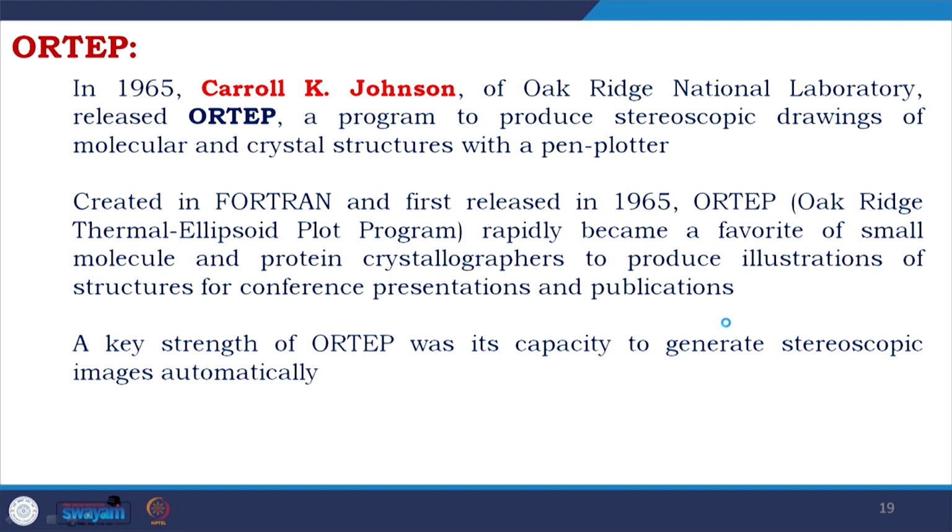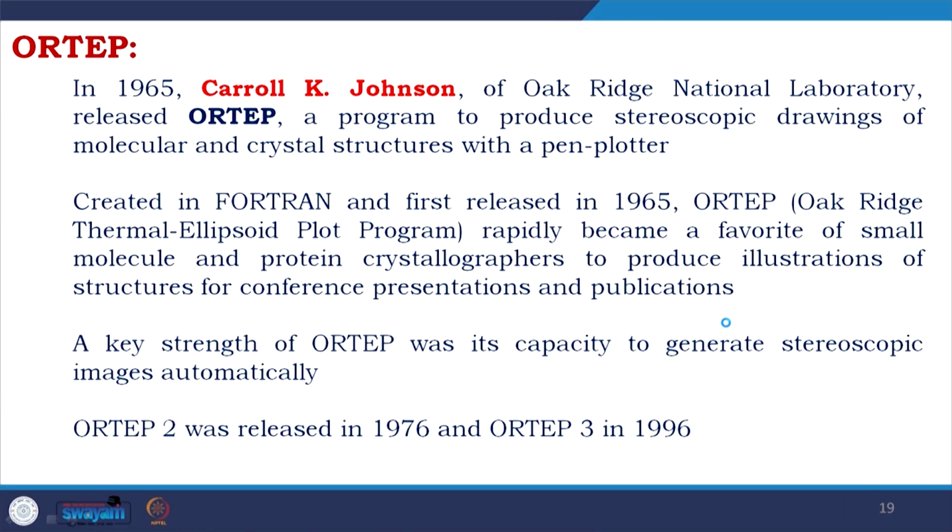As I told, the stereospecificity, the chiral environment, is a really interesting thing for protein. Because ORTEP automatically generates stereoscopic images, it got instant popularity. ORTEP 2 was released in 1976 and 3 was released in 1996.